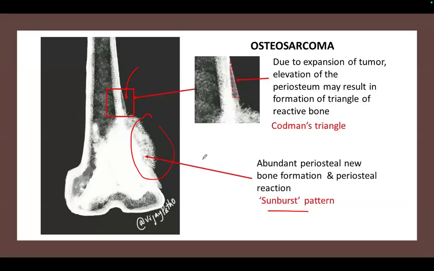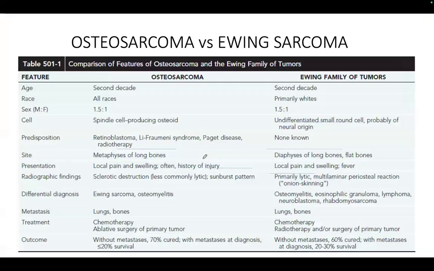Okay, so Ewing sarcoma. Look at this table from Nelson's. In Ewing's, it's primarily whites. This is also the small round cell tumor.